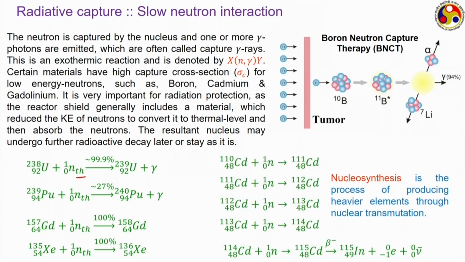Like one is shown here, a series of radiative captures by cadmium. Cadmium 110 can absorb a neutron, forming cadmium 111, then 112, 113 and 114, all of them stable isotopes, but when cadmium 114 absorbs one neutron to form cadmium 115, then that is actually unstable.